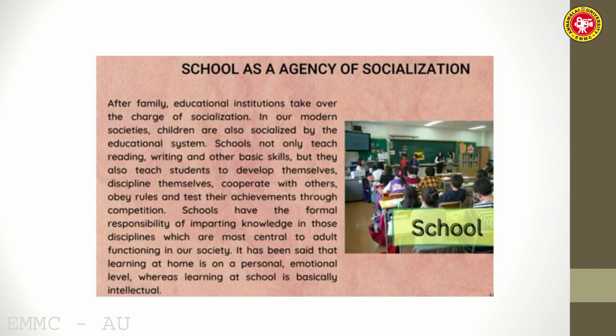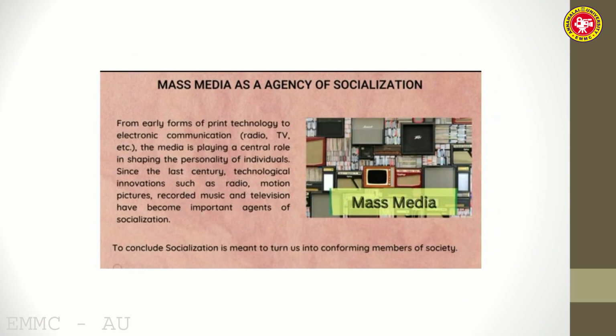The last one is the mass media as an agency of socialization in children. From early forms of print technology to electronic communication, particularly radio, TV, etc., the media is playing a central role in shaping the personality of individuals.